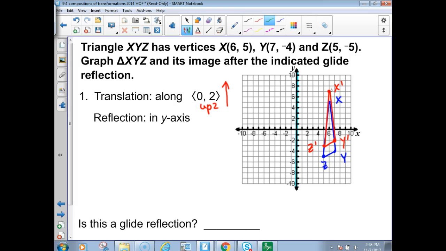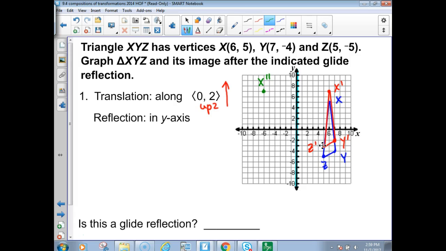It will change the x values of them. But let's just do it. Since X prime is 6 to the right of the y-axis, let's just slide over 6 to the left, staying on the same line where 7 is, meaning I'm staying on the line y equals 7. So I went 6 to the left, X double prime, we need to label it.